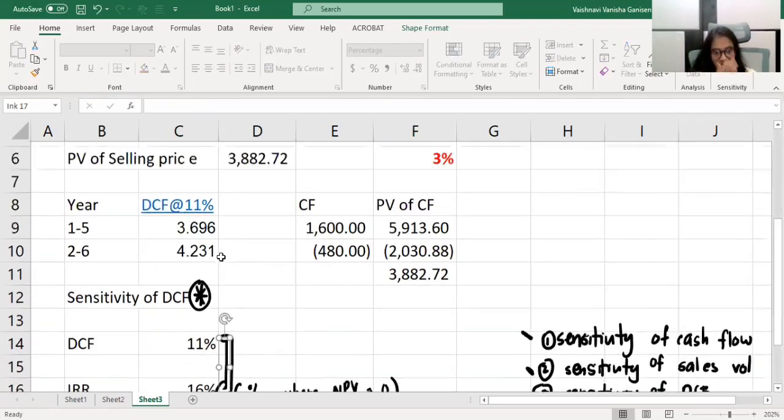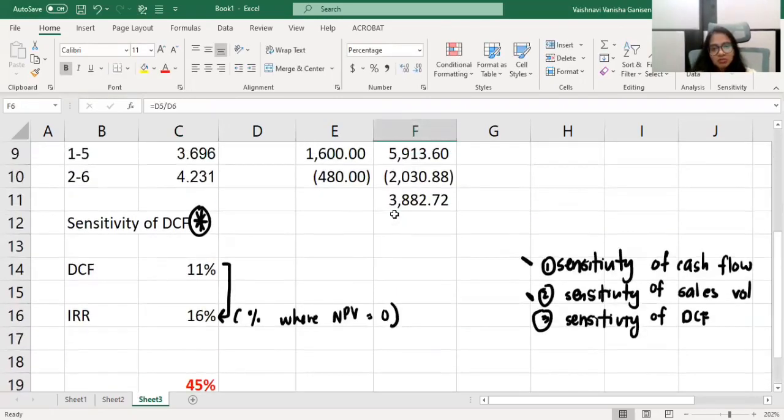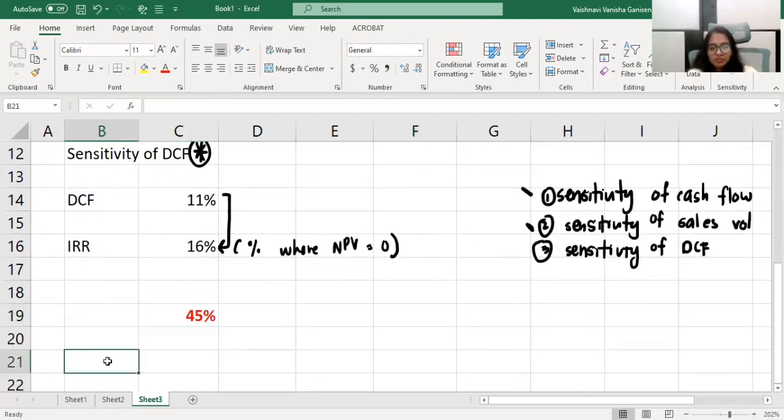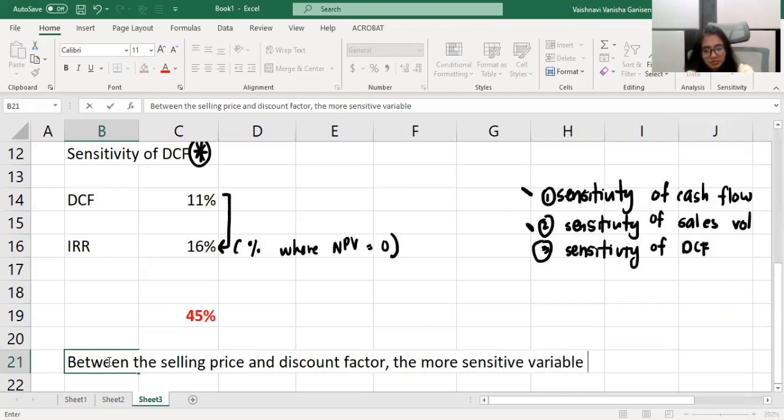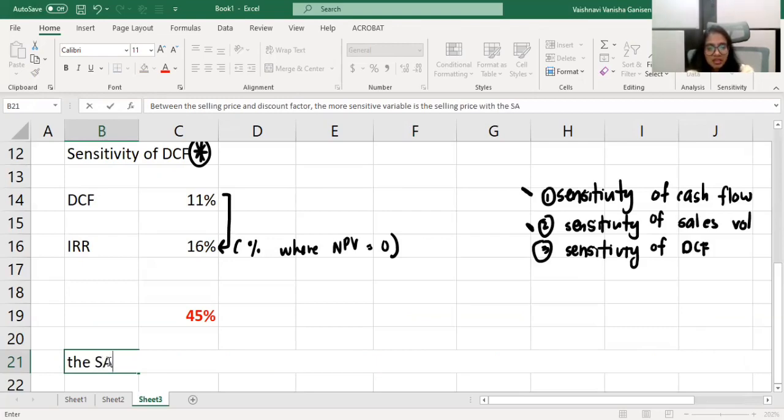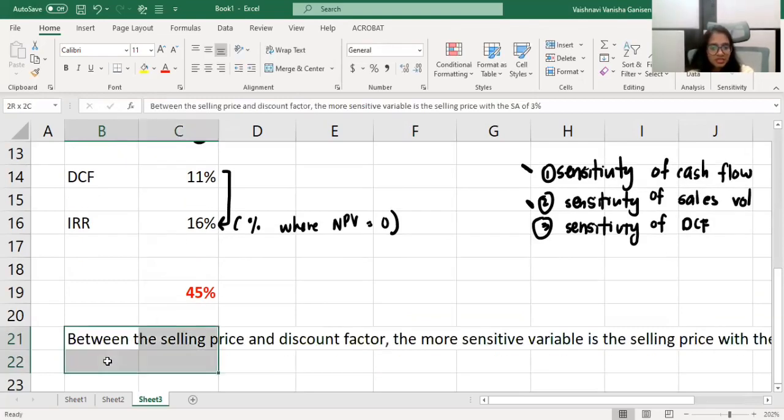Now, I haven't commented yet. You can see that between your selling price and your discount factor, the most sensitive variable is your selling price. So between selling price and discount factor, the more sensitive variable is the selling price with the SA of 3%.